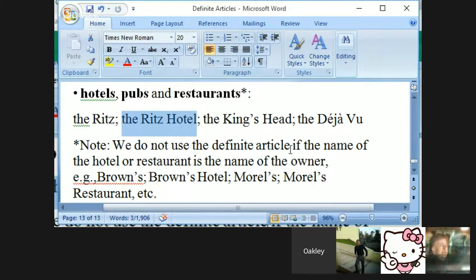We do not use the definite article if the name of the hotel or restaurant is also the name of the owner. If it's a person's, or seems to be a person's, actual name, as in Brown's Hotel, Morel's Restaurant, then we do not use the article.